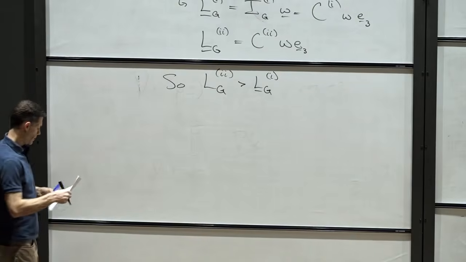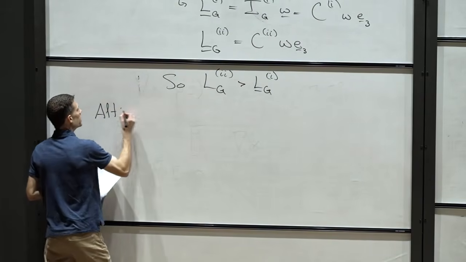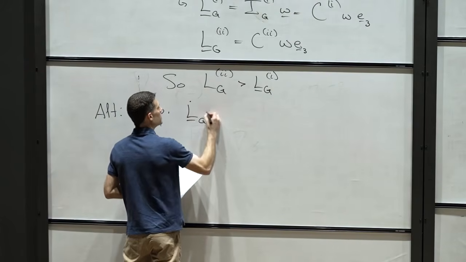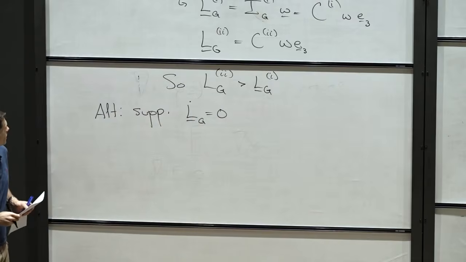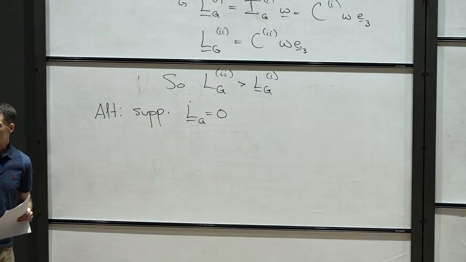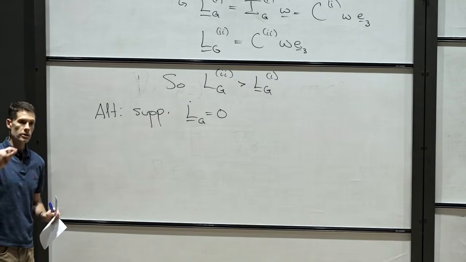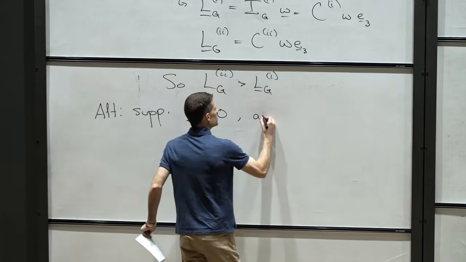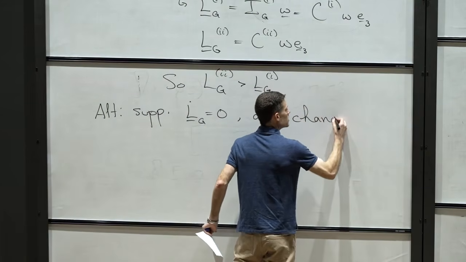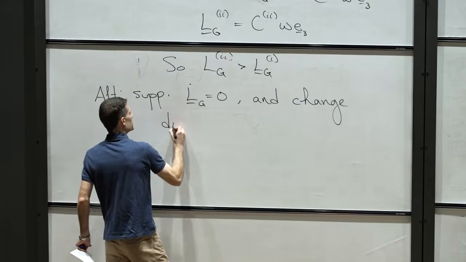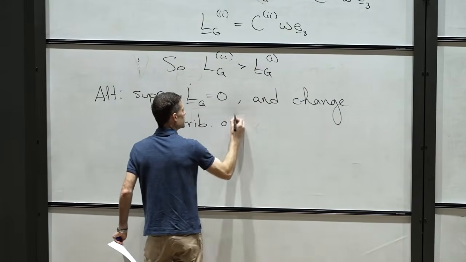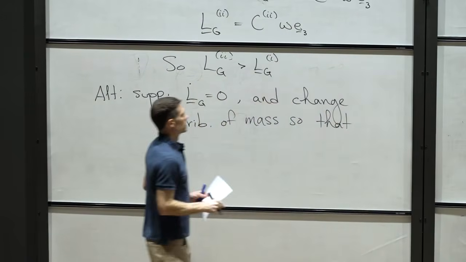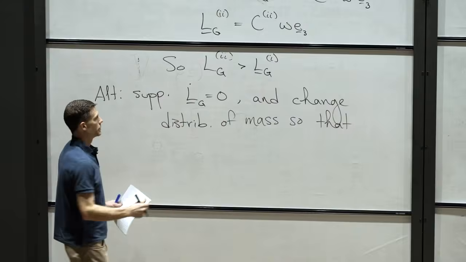Or another way to think about it, alternative view, is suppose LG dot is 0. And this is not strictly speaking fitting within rigid body, but suppose that as LG dot is 0, I change the distribution of mass, so that C goes down.